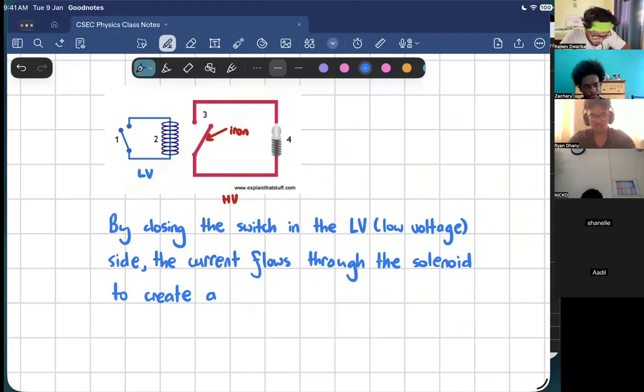You can do it. Electromagnet. Right, so by closing the switch in the LV, low voltage side, the current flows through the solenoid to create an electromagnet.